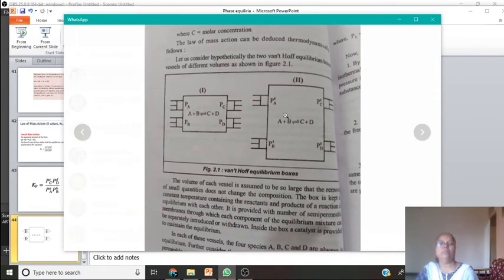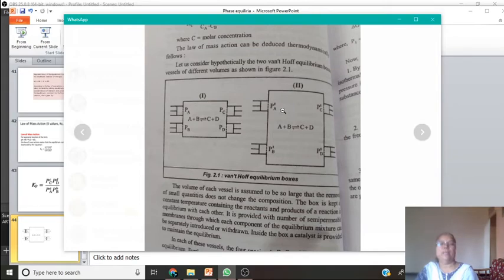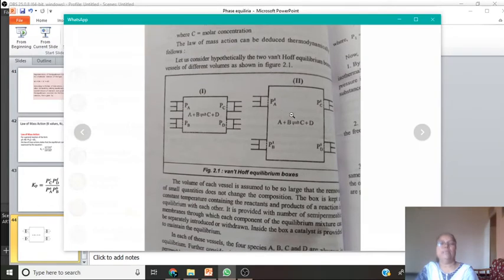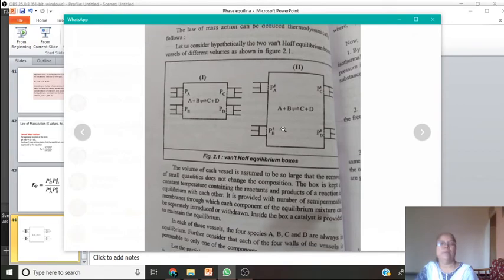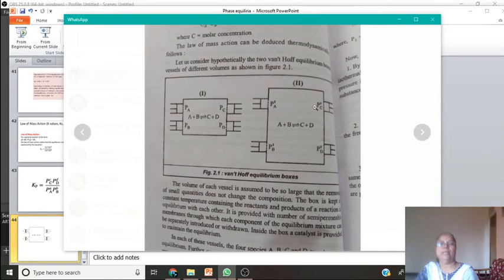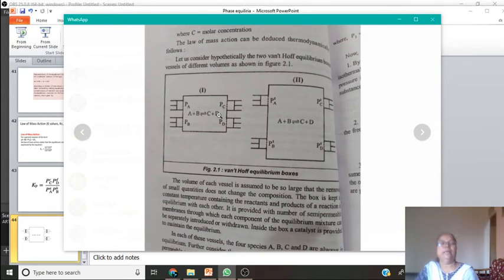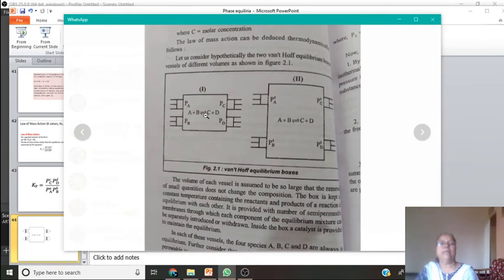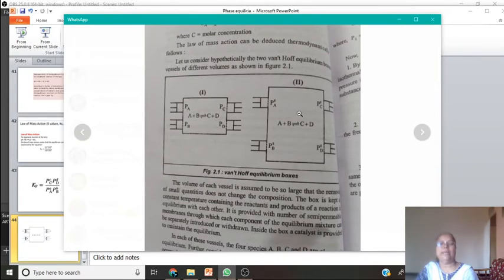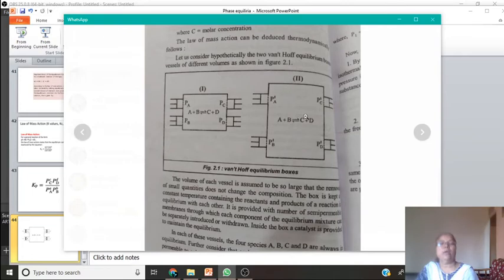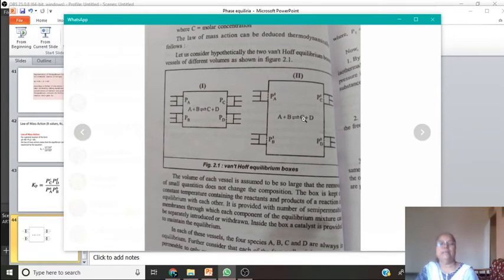In the second box, P dash A is the partial pressure of gas A, P dash B the partial pressure of gas B, P dash C the partial pressure of gas C, and P dash D the partial pressure of gas D. The introduction or withdrawal of 1 mole of gas from one box to the second box, or from the second box to the first, does not alter the equilibrium involved in the reactants and products.